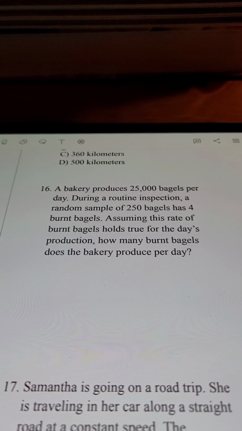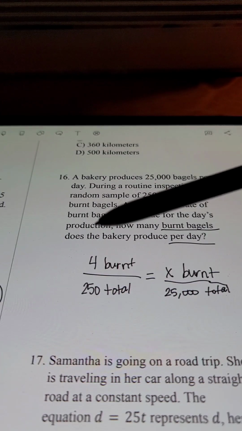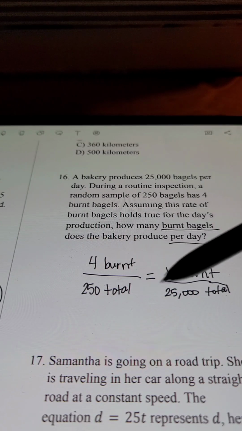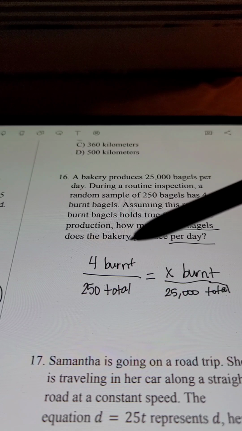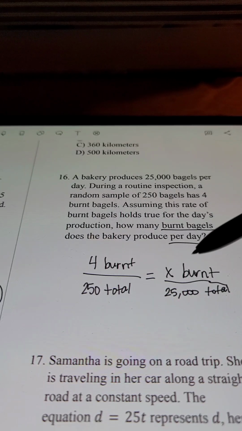Okay, pause to read number 16 if you haven't already. So 4 burnt for every 250 total bagels is directly proportional to the mystery amount of burnt bagels that we're solving for out of the total 25,000 bagels that are made each day, right?